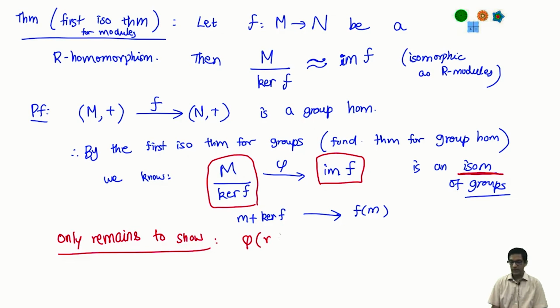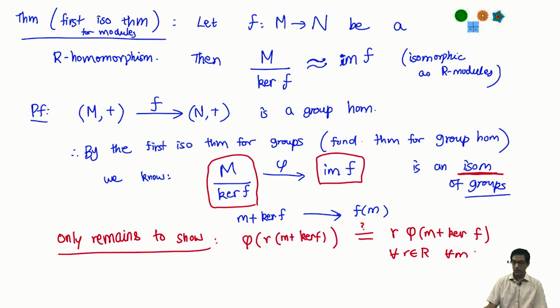So I need to check that when I apply phi to r times a coset, this gives me the same answer as r acting on phi of this. Okay. If I check this, it means that I can pull out the ring elements r. So I have to check this for all ring elements r, for all elements m of M. Okay. So let's just use the definition of phi and check what the left hand and right hand sides will be.